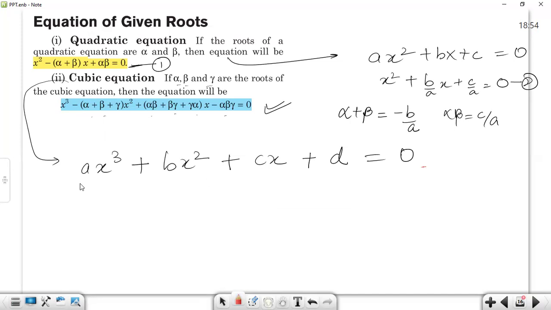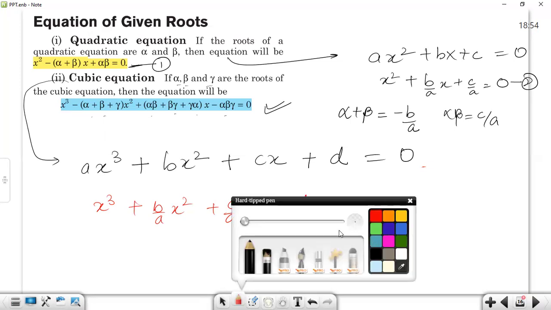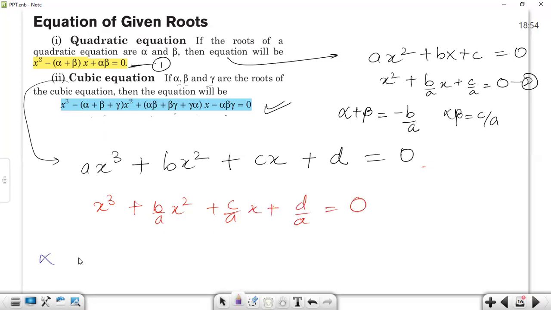Let's try to make the coefficient of x cube 1, because it is 1 here. We are going to compare it. So x cube plus b by a x square plus c by a x plus d by a is equal to 0 by a, which is 0 only. So now you tell me what will be alpha plus beta plus gamma.